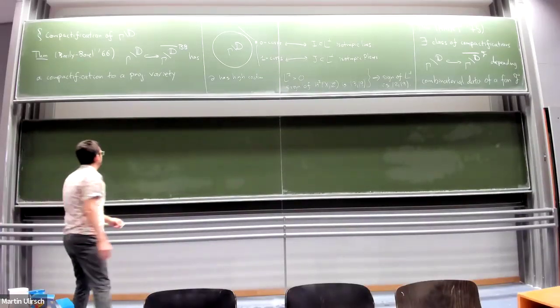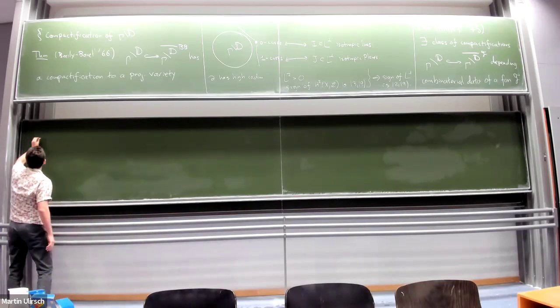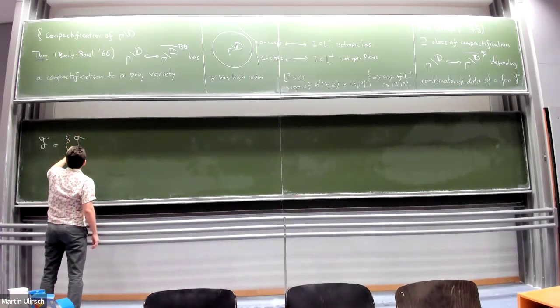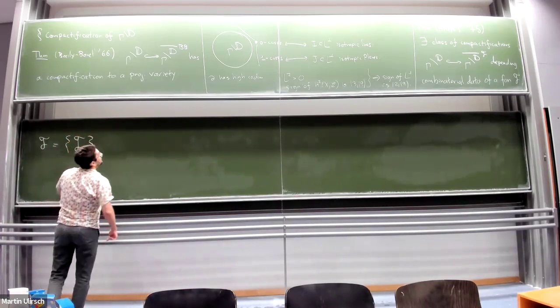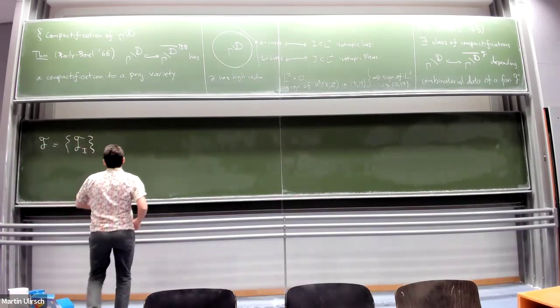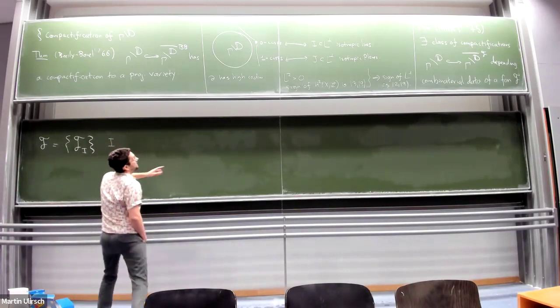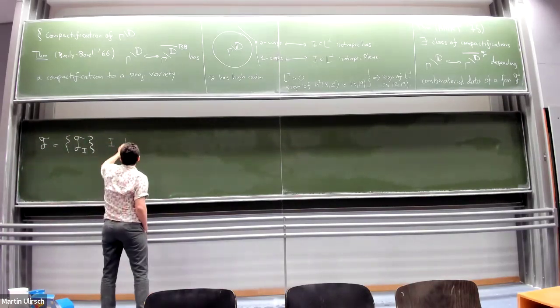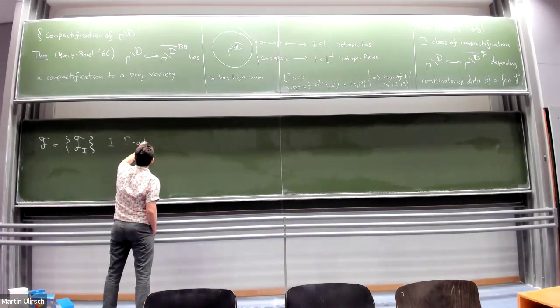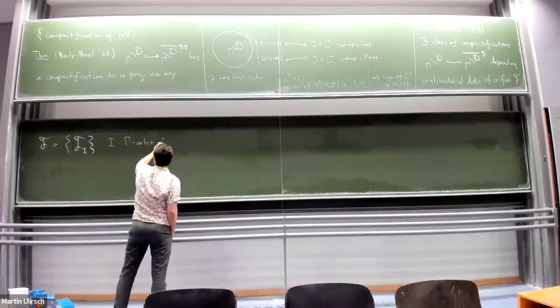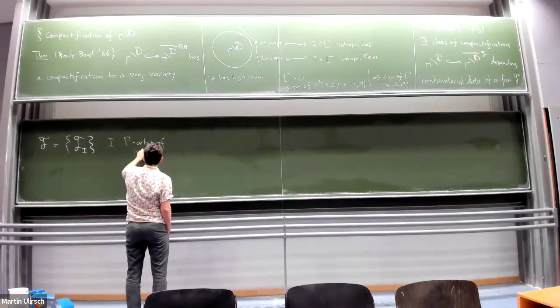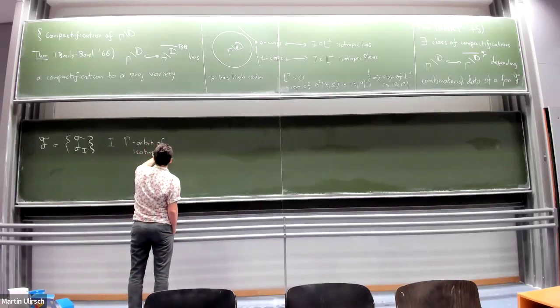So what is this data F? It's a collection of F sub I, where I is, strictly speaking, a gamma orbit of isotropic lines.